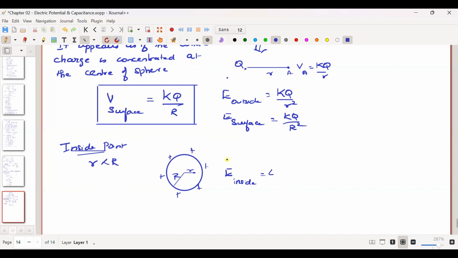E inside is 0, because there is no charge inside. Now what is going to be the potential? What do you think?